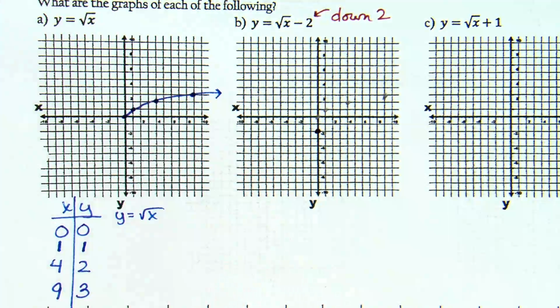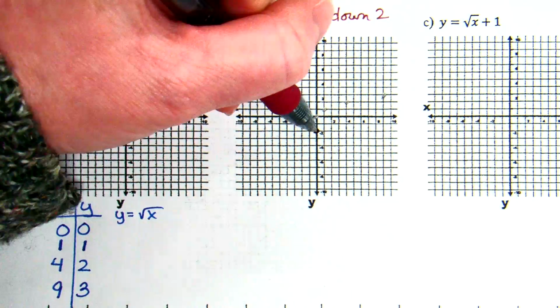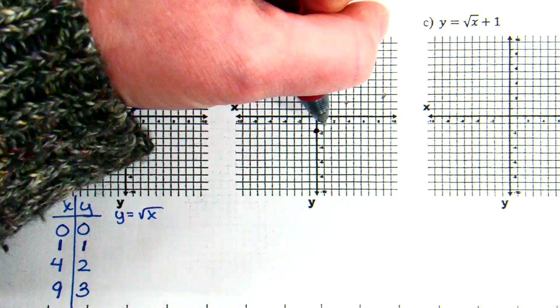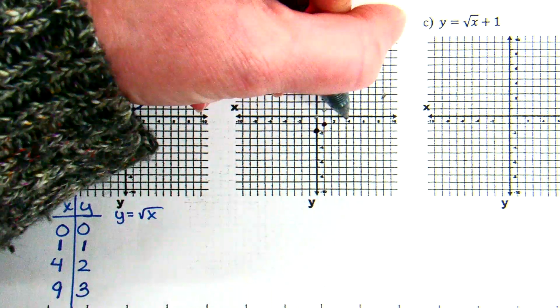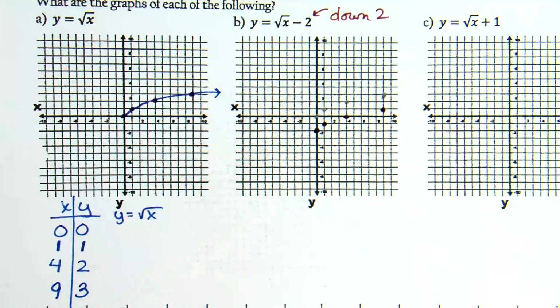The other option in my brain is, okay, if I know this is kind of my new vertex, how do I go from my vertex? You go over 1 up 1, over 4 up 2, and over 9 up 3.